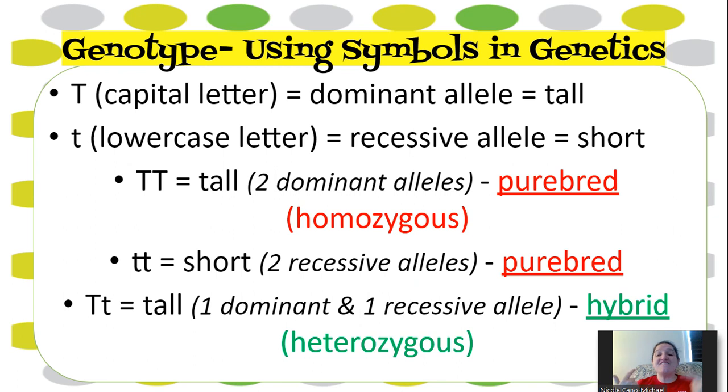However, my phenotype, what I am going to see in this plant is tall, but it is a mixed set of alleles, so we call this a hybrid set, or we can call it heterozygous, because I have two different genes for the same trait. But again, the phenotype, what I am going to see is going to be tall because there's a dominant gene present, and whenever there's a dominant gene present, we are going to actually experience or see that expressed.